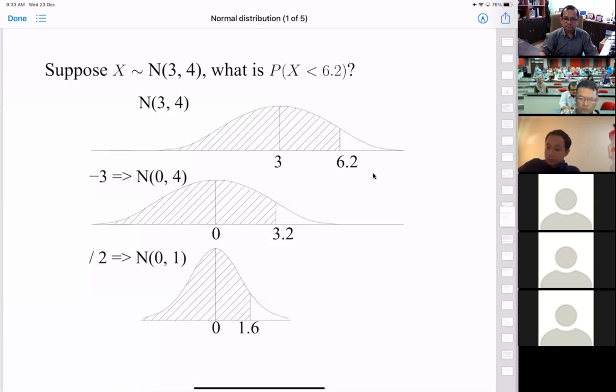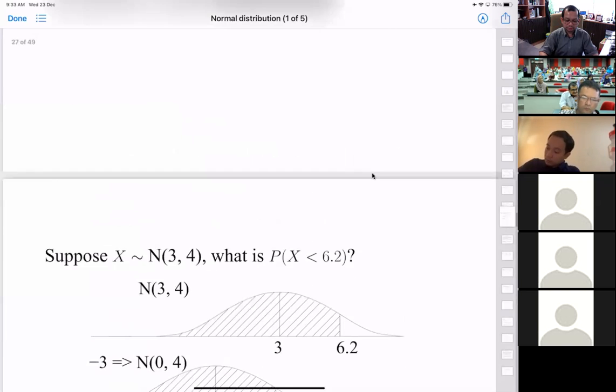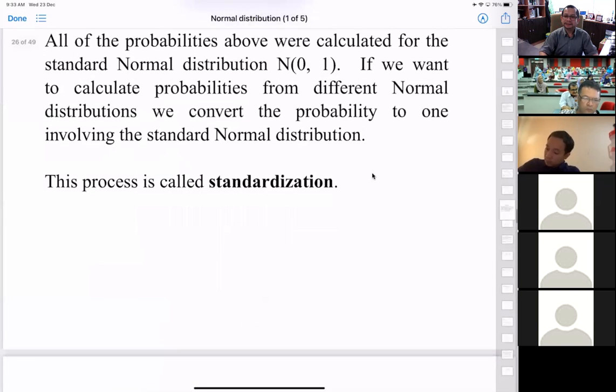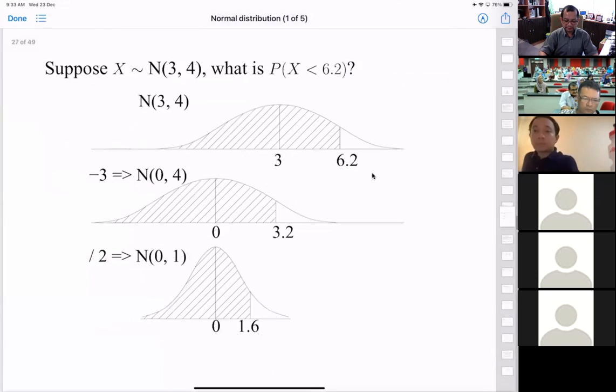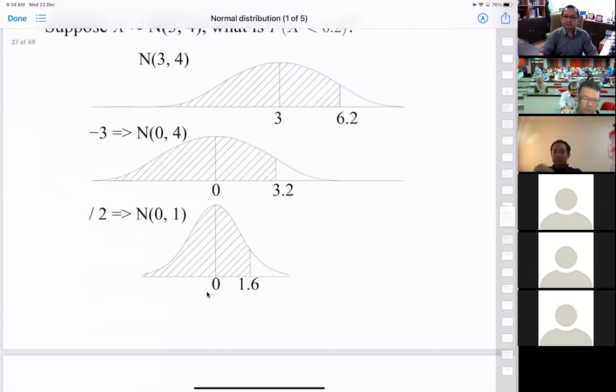So the first step is the standardization, because we want to make the mean equal to 0. First step, we shift the mean. So how to shift the mean?